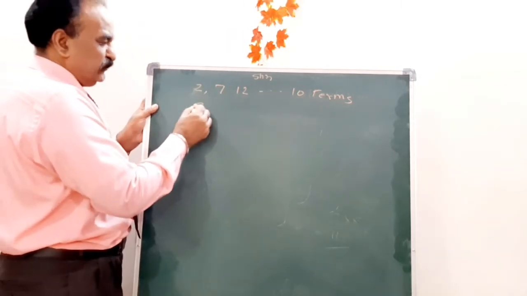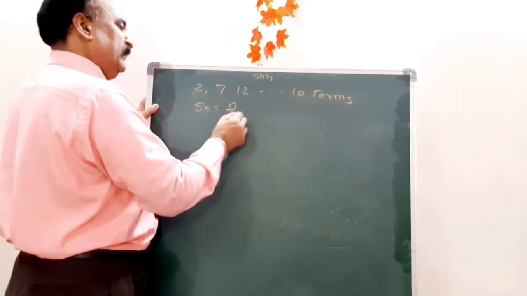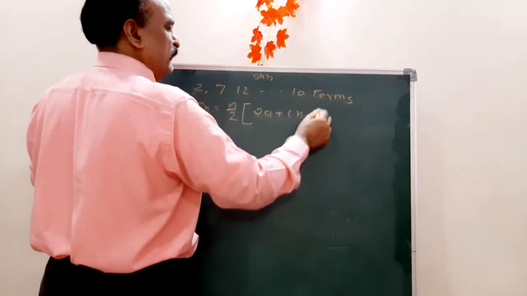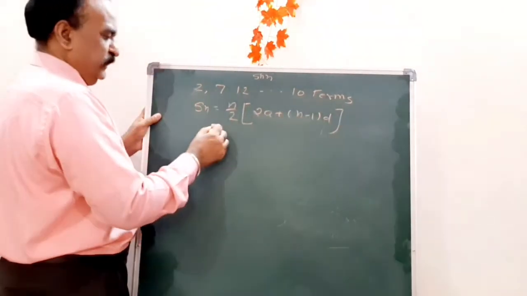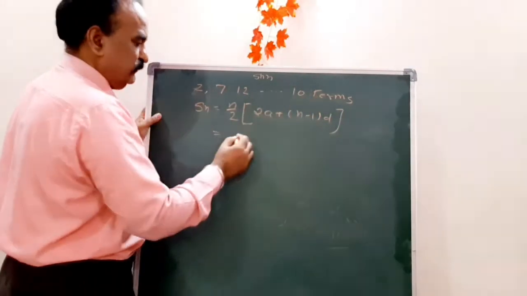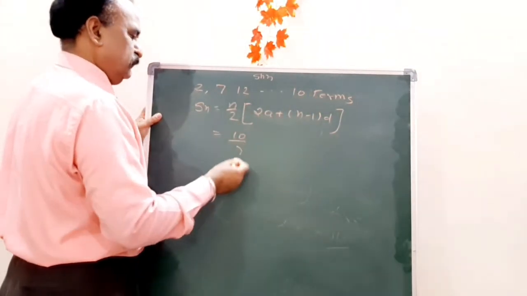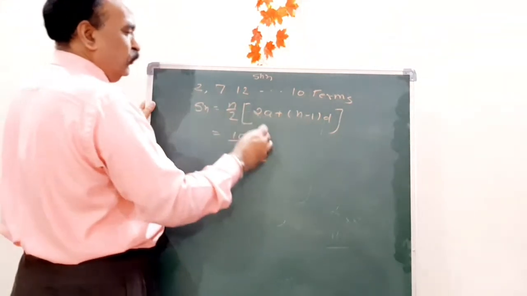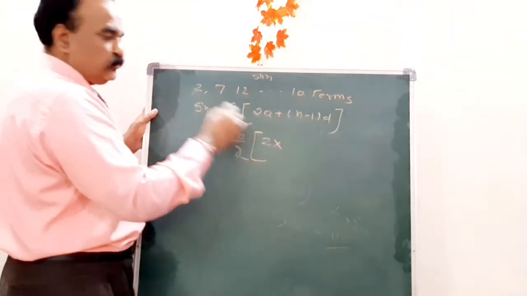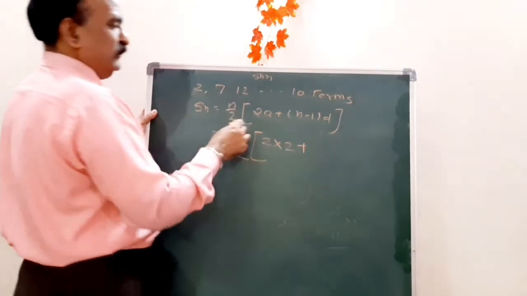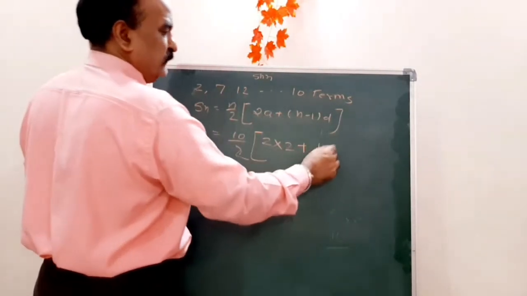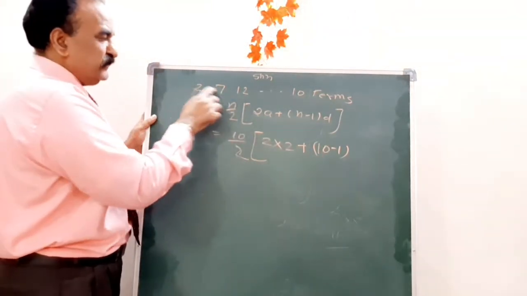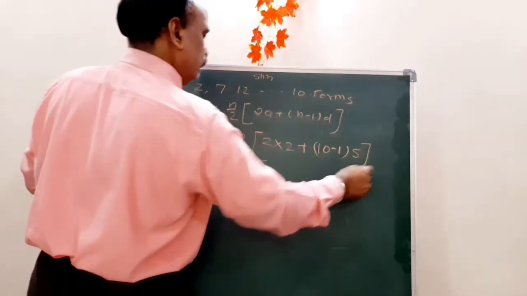So Sn is equal to n by 2 into bracket 2a plus n minus 1 into d. N means number of terms are 10. Into bracket 2a, 2 into first term is 2, plus n minus 1. N means 10. Into common difference. Common difference means 7 minus 2 means 5.